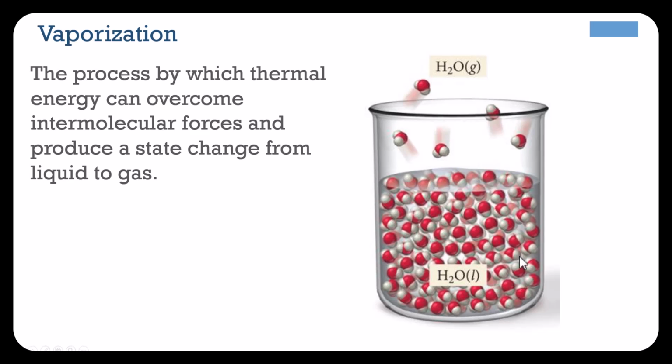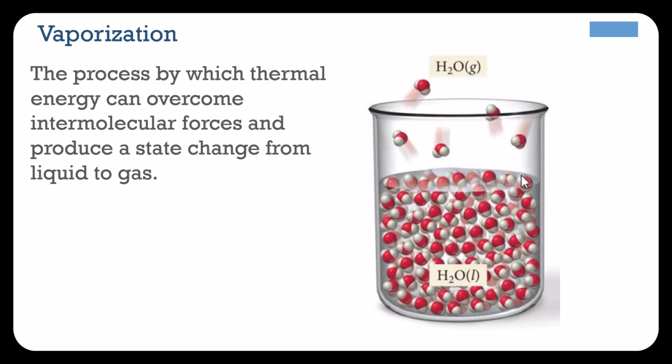Because we're at room temperature, a much lower thermal energy, we don't have access to the particles in the bottom of the beaker, just the ones at the surface. So that's the big difference between vaporization and boiling. But you can still think about that: we have to overcome these intermolecular forces in order for that particle or molecule to become a gas.